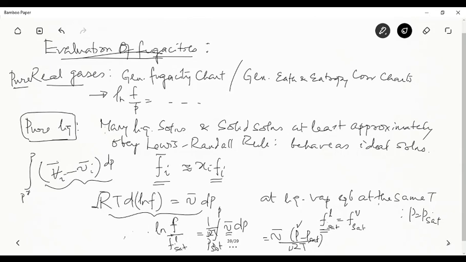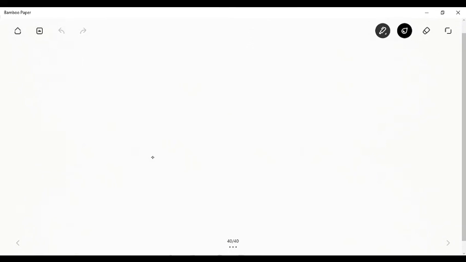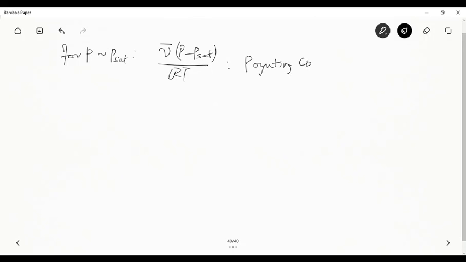So for P of the order of P sat, the V bar into P minus P sat divided by RT, which is called the Poynting correction, is approximately equal to 0.